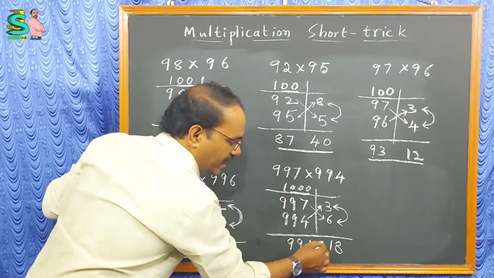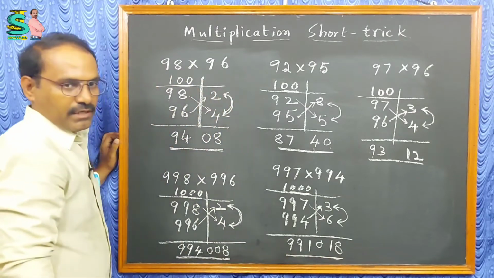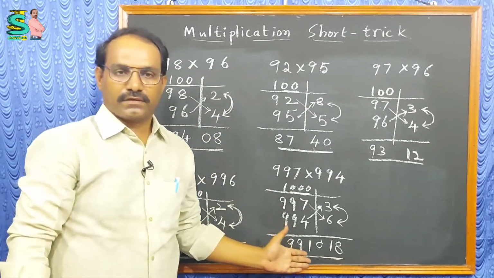So 2 digits are there, you can keep one more 0 there, then your answer came here.